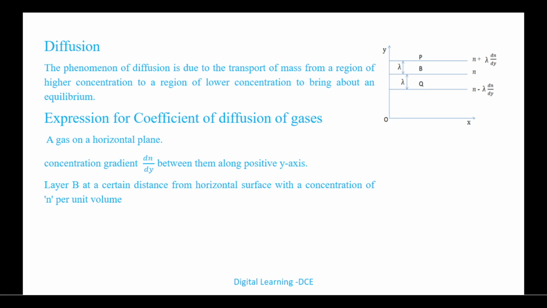For that, let us consider a gas on a horizontal plane. That means here let us consider a gas on a horizontal plane OX. Here OX represents the horizontal plane, and let us assume that this gas is made up of a large number of closely spaced layers.